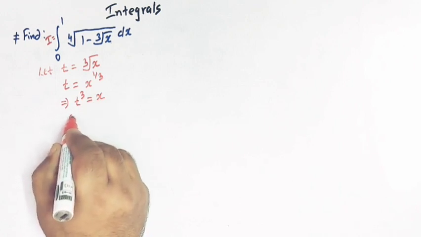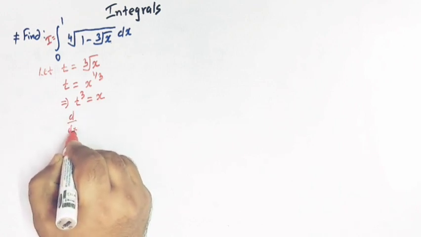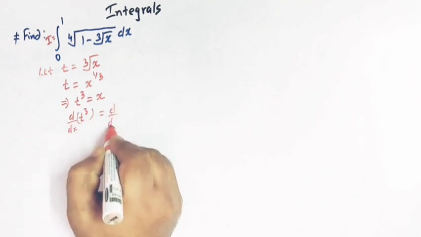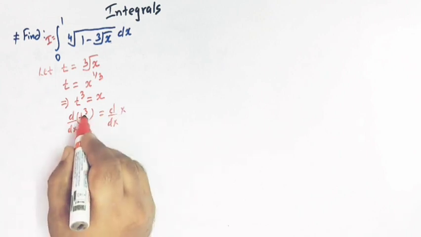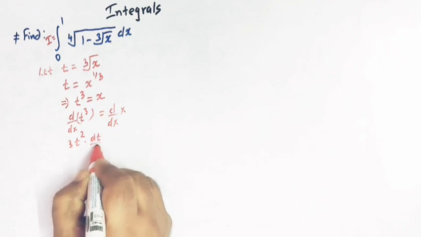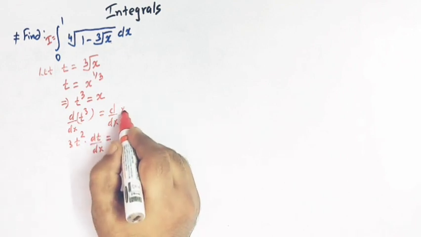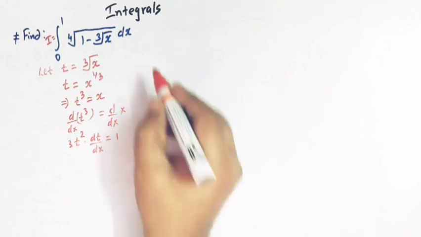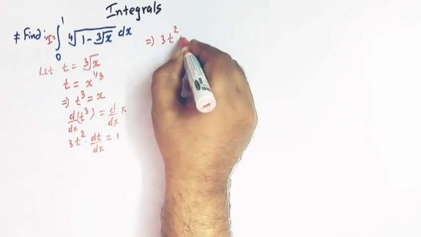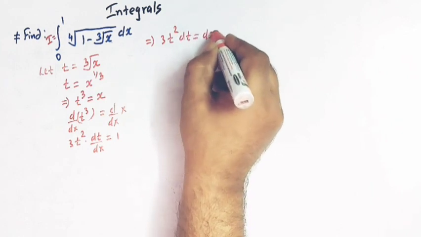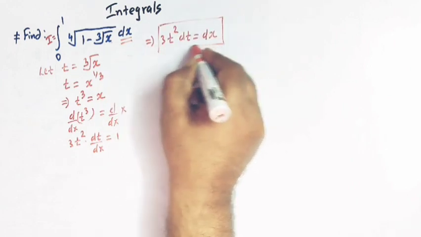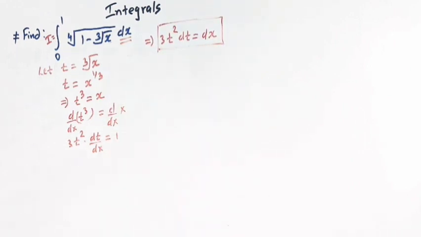So we have d by dx of t cube, and d by dx of x. So we have 3t square dt over dx, and the derivative of x with respect to x is 1. So now we have dx equal to 3t square dt.